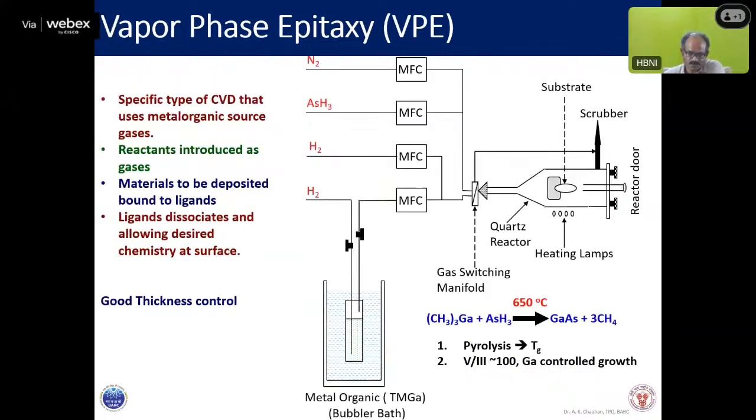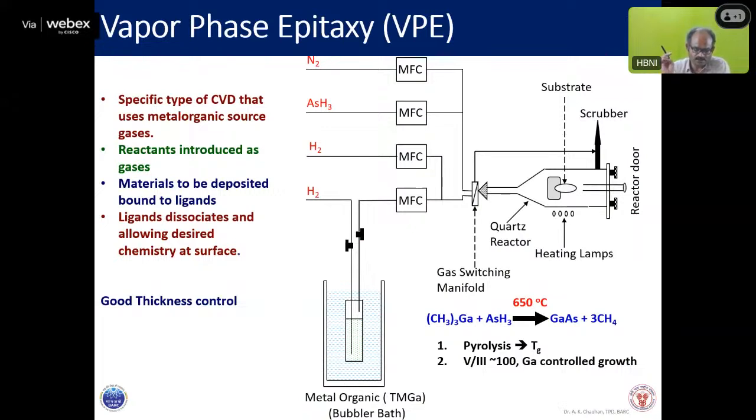Then third comes vapor phase epitaxy. It looks similar to what we saw, chemical vapor deposition. You have three sources. As I said, it looks like CVD.